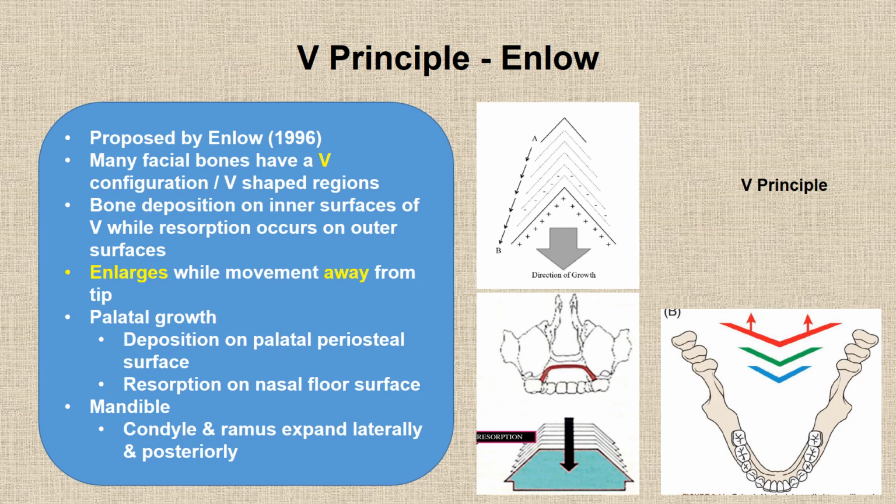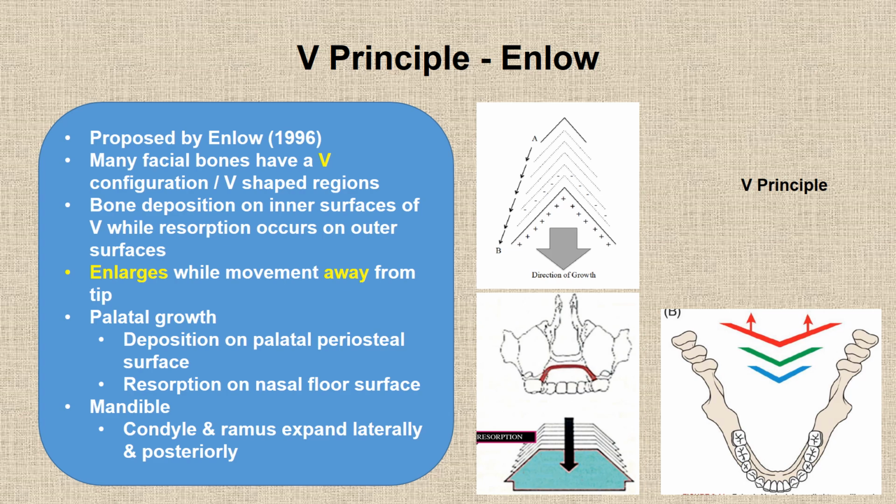Now the next theory is the V principle, which was proposed by Enlow in 1996. Now, many facial bones have a V configuration or V-shaped regions. Now, bone deposition occurs on the inner surfaces of the V, while resorption occurs on the outer surfaces.